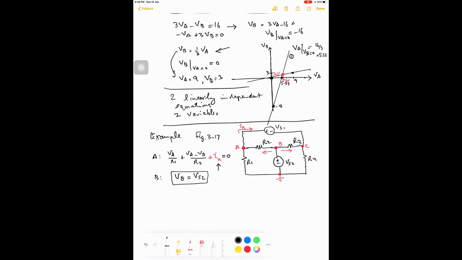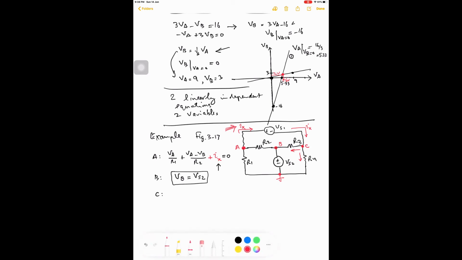Now, the voltage equation at node C. At node C, again we assume all the currents are leaving, but here the current through this branch is IX. We have to stick to the direction of the current we initially assumed over here. So we will use the same direction of the current.